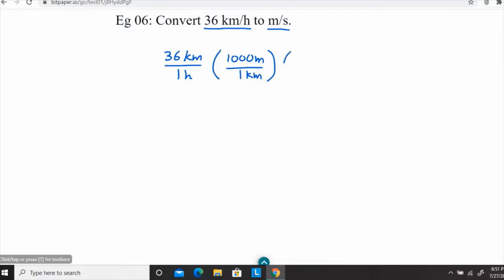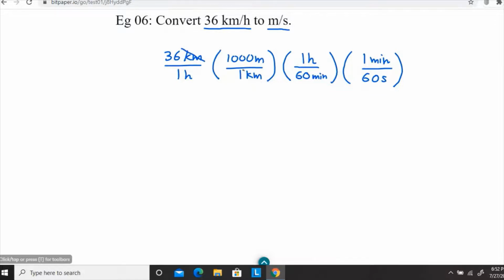The second conversion factor is going to relate to a time. I know that 1 hour comprises 60 minutes. And then the third conversion factor is again related to time. That is a conversion between minutes and seconds. I also know that 1 minute comprises 60 seconds.